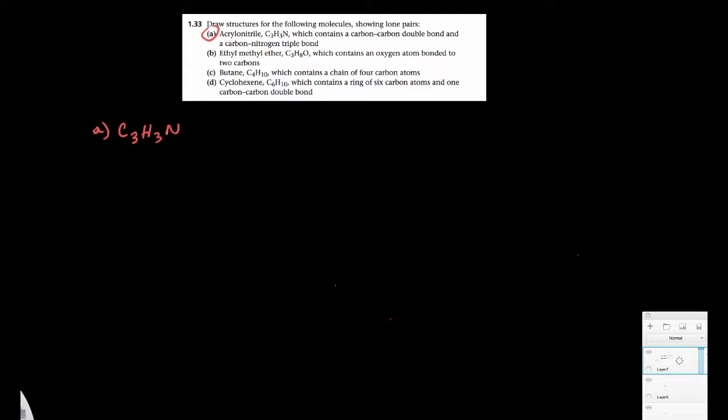So this isn't just a totally fake scenario here just to teach you how to convert formulas to line bond structures. This is actually a common scenario in organic chemistry where you have instruments that will tell you things like there's a carbon-nitrogen triple bond.